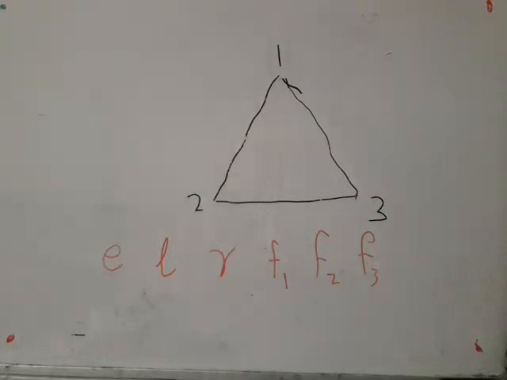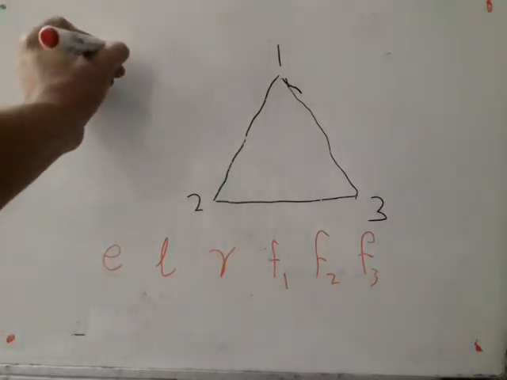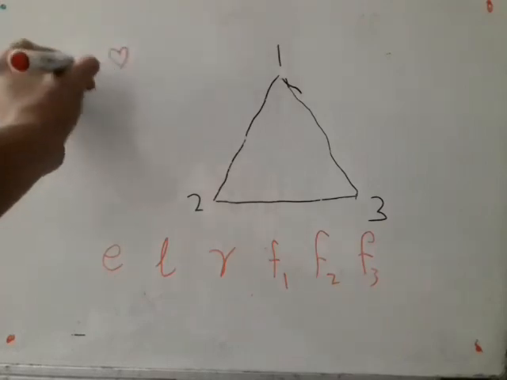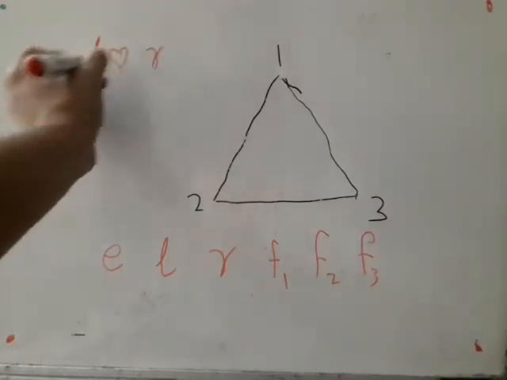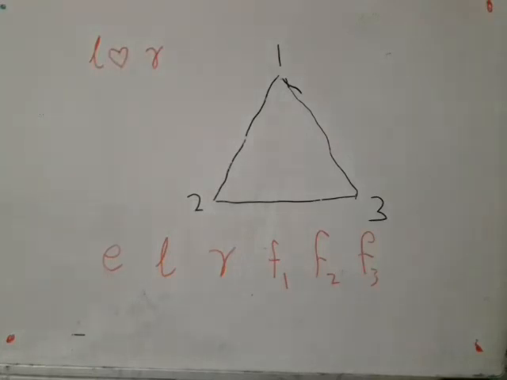And again, my binary operation will be do one after the other. And let's see whether we can come up with certain operations. So I will again denote it by, say, the heart symbol. So L heart R means L followed by R. Let us see what I will get.